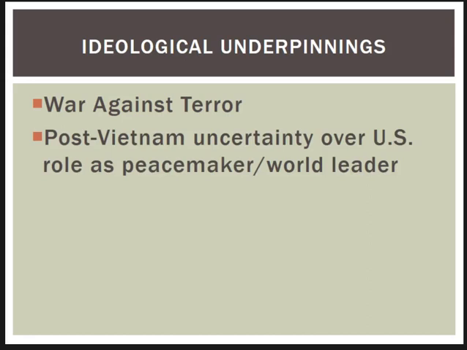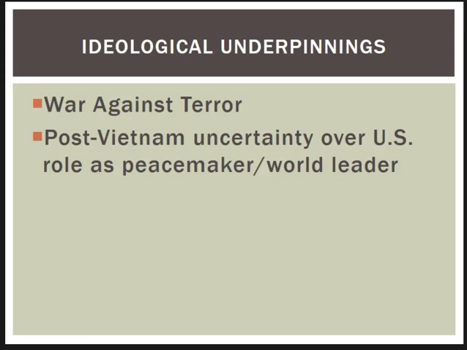There is also the contrary sense that we came out of Vietnam very uncertain about our own role in the world. We're clearly the most powerful nation in the world, but there's deep uncertainty about how we should use that power.